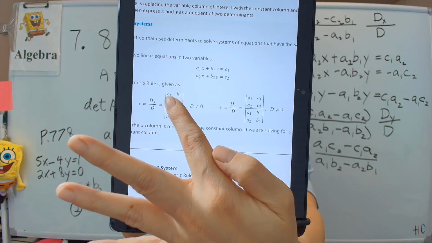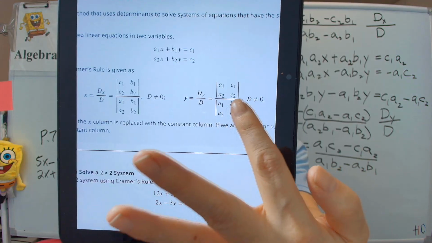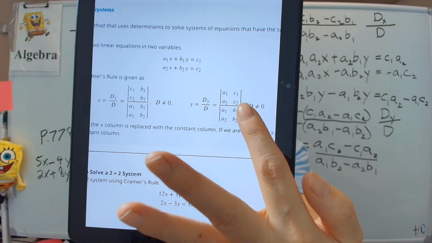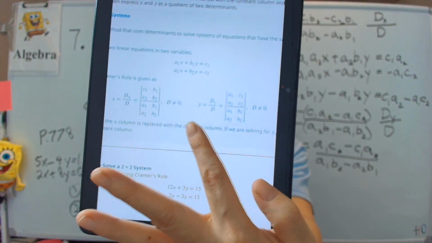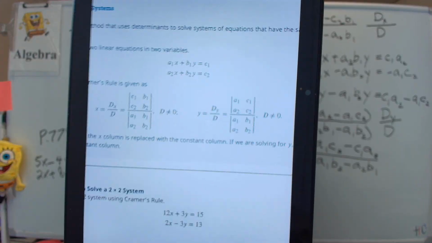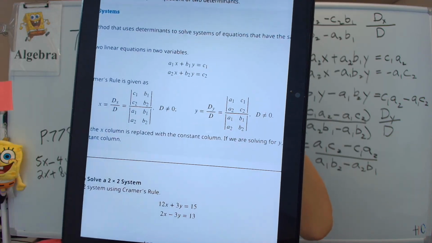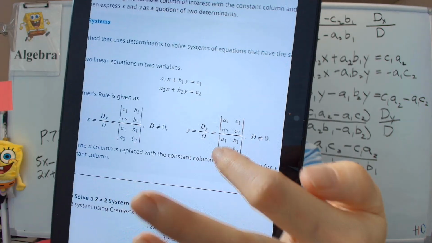You put C here. If you put C here, you're calculating x. If C replaces the B's, that is y's coefficient, then you calculate y, and that's how you remember these two formulas, and they're very important. So it's critical that you memorize these two things.